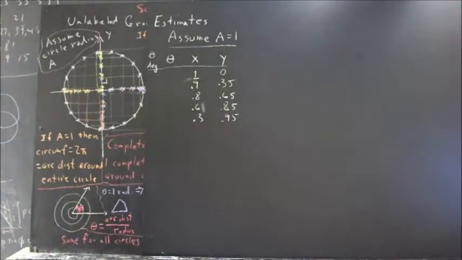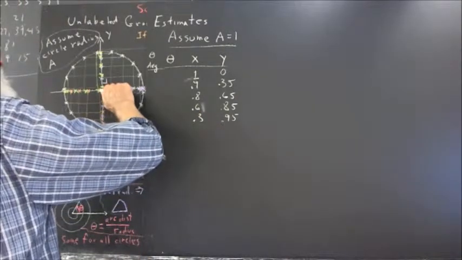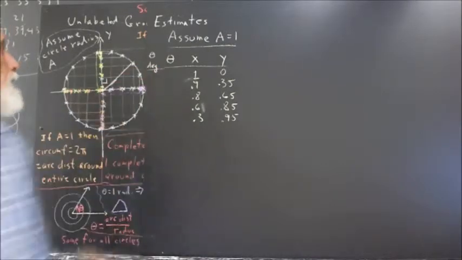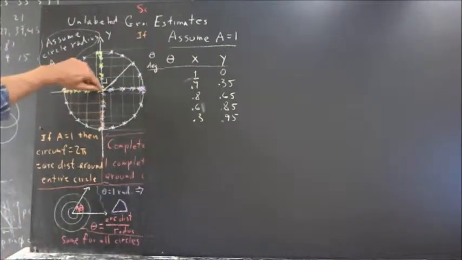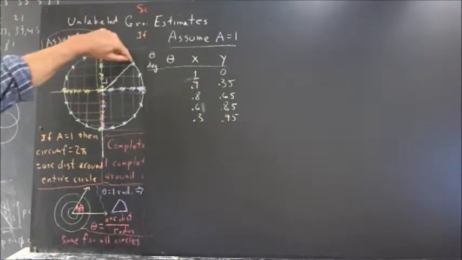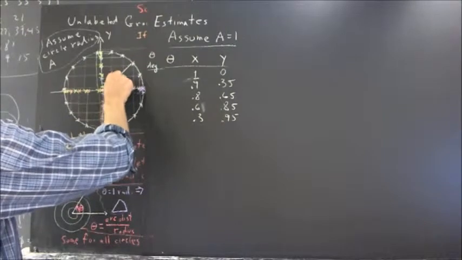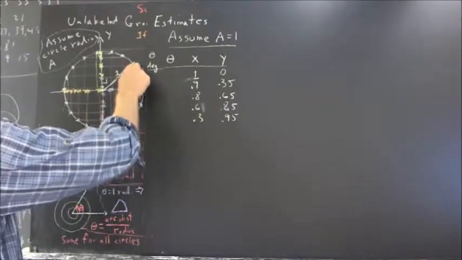Okay. Now, I'll observe at this point that if I can sketch a line segment, a radial segment from the center out to one of these points, then that distance is 1, that being the radius.